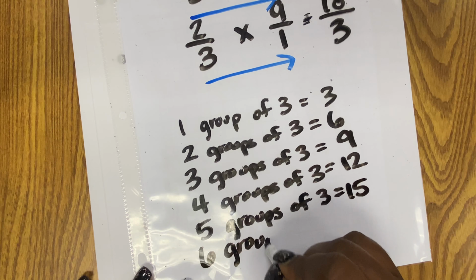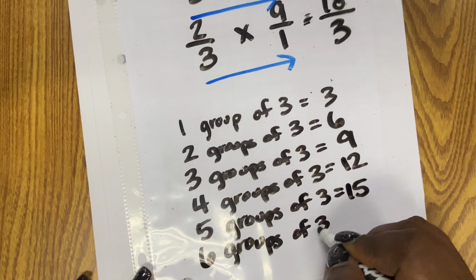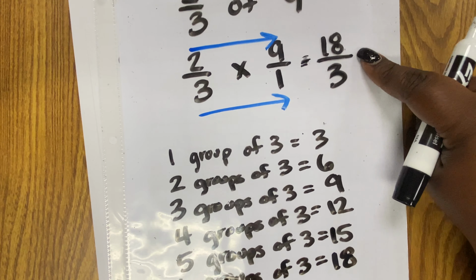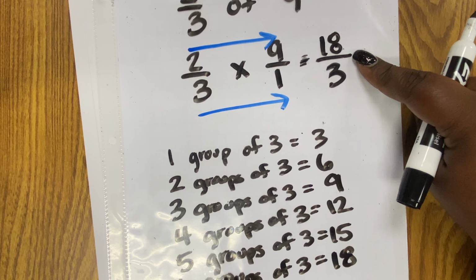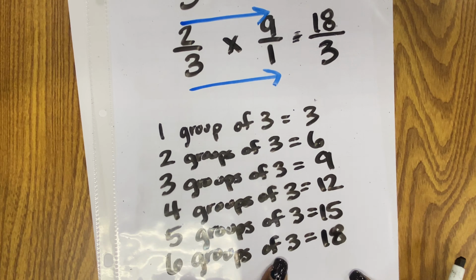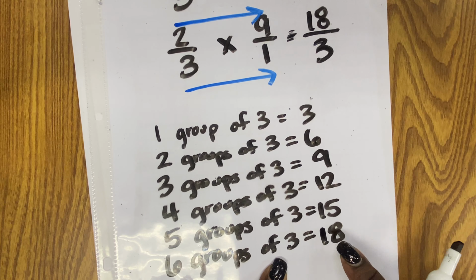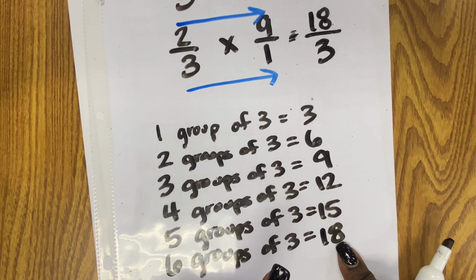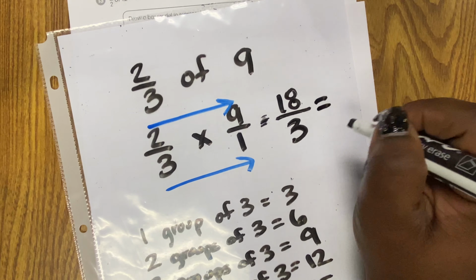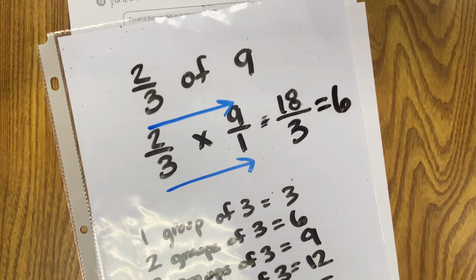And 6 groups of 3 is 18. And if you look, we were taking 18 and putting it into 3 equal groups. If I take 6 groups of 3, I get 18. So if I take 18 and I split that into groups of 3, I'm going to end up with 6. So 18 over 3 is 6.